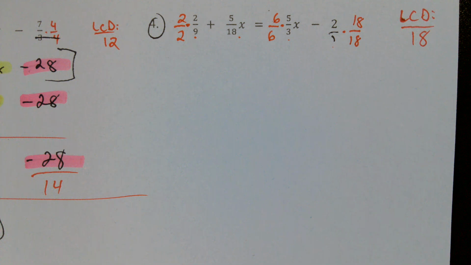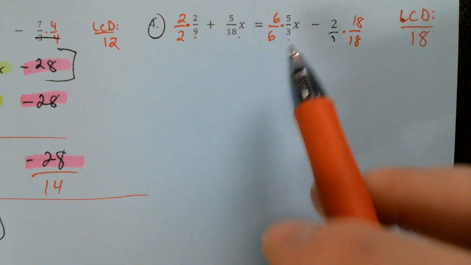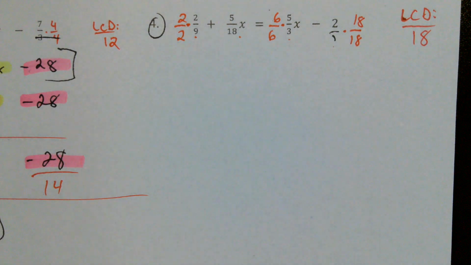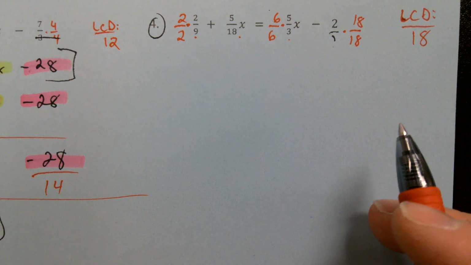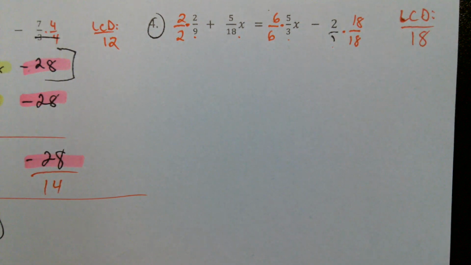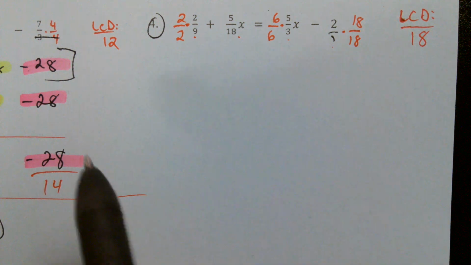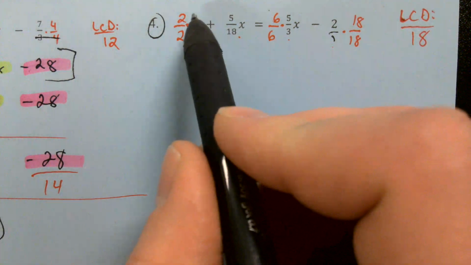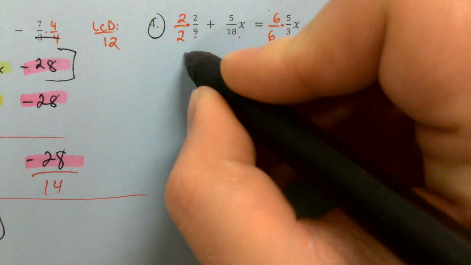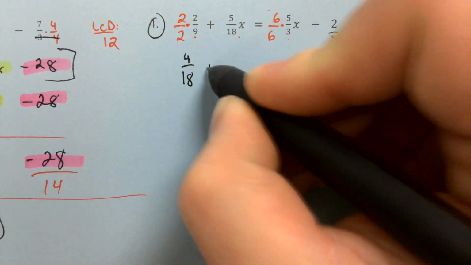Yeah? That's why we need to find the LCDs. So we know what we need to multiply each of those terms by. This is tricky stuff though, so don't beat yourself up if it's still a little bit confusing. I'm going to skip the shortcut and actually work it out all the way for this one, just so we can be consistent. 2 times 2 over 2 times 9 is 4 over 18.